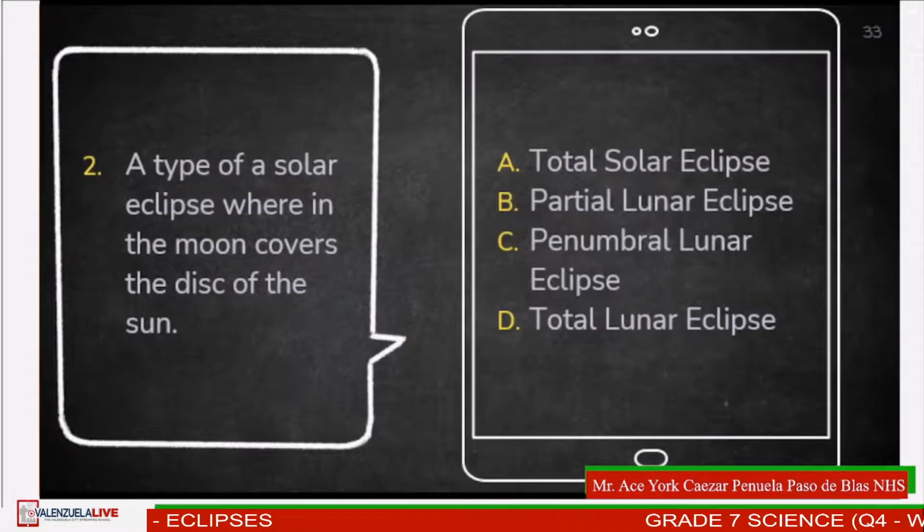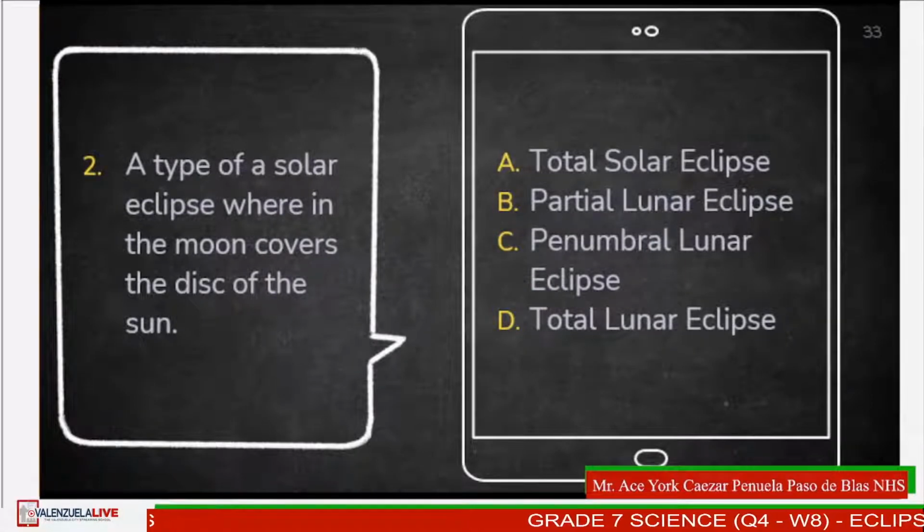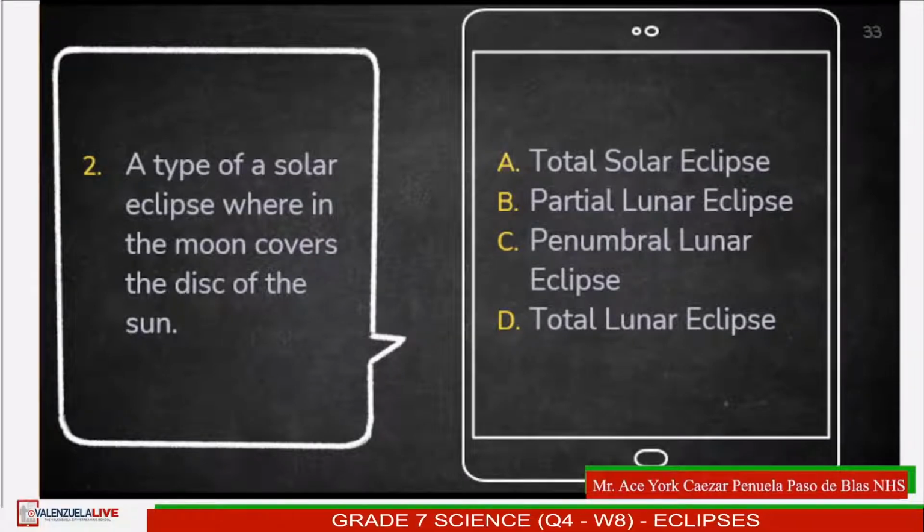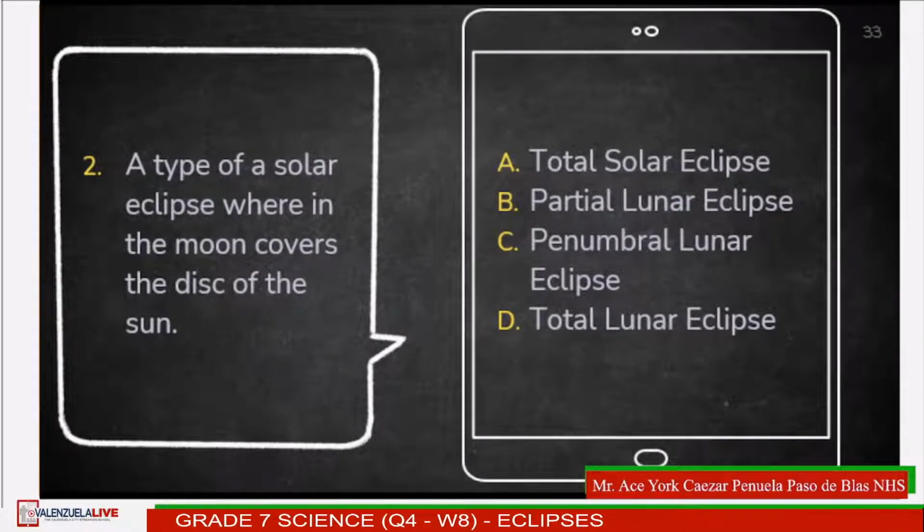Number 2, a type of solar eclipse wherein the moon covers the disk of the sun. Okay, so the correct answer is letter B, partial lunar eclipse.